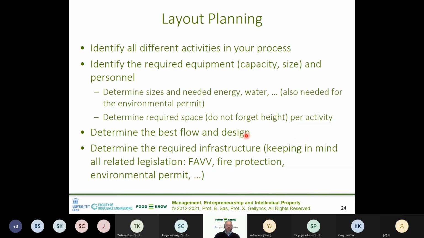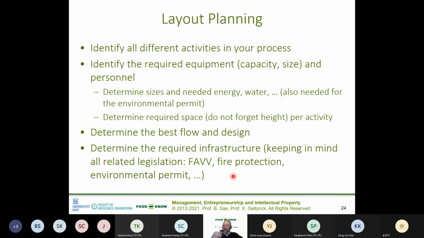Then determine the best flow and design, as we discussed in the previous slide. Also determine the required infrastructure and finishing, for instance, of the federal agency on food safety or on pharmaceutical guidelines. So, for instance, there needs to be a washable floor with tiling. The ceiling needs to be able to be washed.